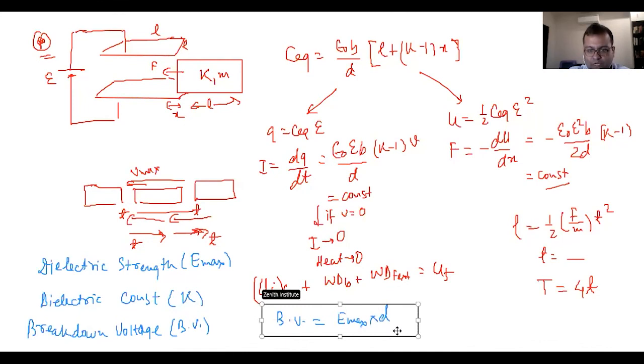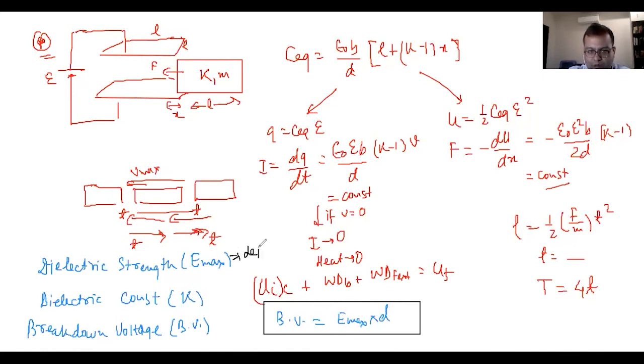लिखा वही हूँ मैं, जो standard relation है capacitors का parallel plate, delta V is E into D. Just that this is dielectric strength, so this only depends upon the material, whereas the breakdown voltage will depend also on what? On the geometry, shape, size of the capacitor, etc. और distance क्या है between the plates. तो capacitance का value fixed है, तो I can write down C is epsilon naught A by D. D को क्या लिख सकते हैं?